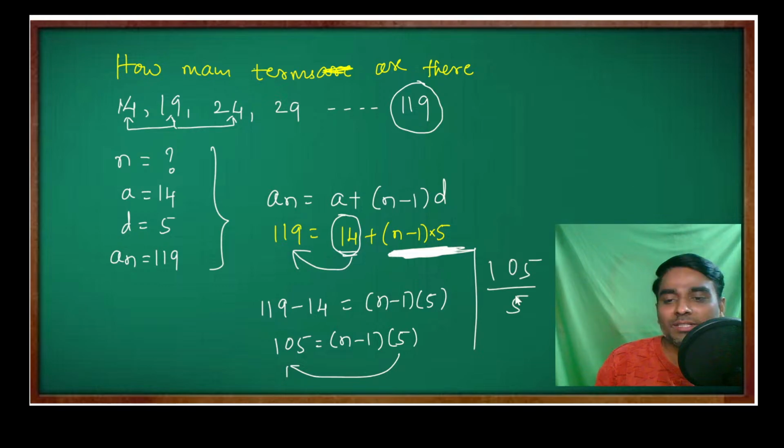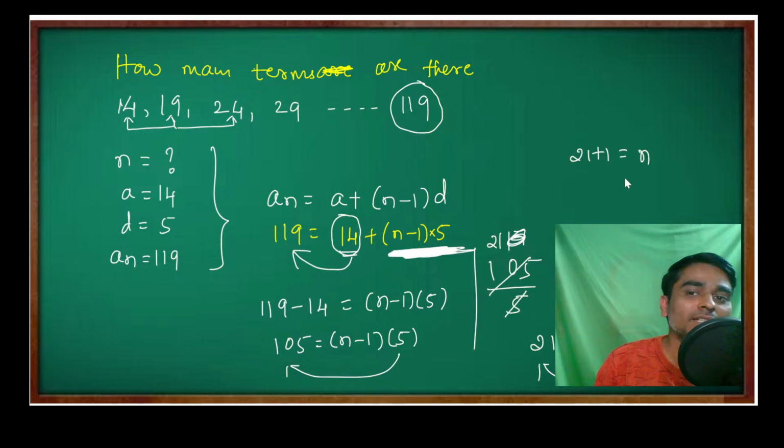Now, 5 ones are 5, 5 twos are 10. So 21 equals n minus 1. Shift the minus 1 to this side: 21 plus 1 is your n. So n should be 22.